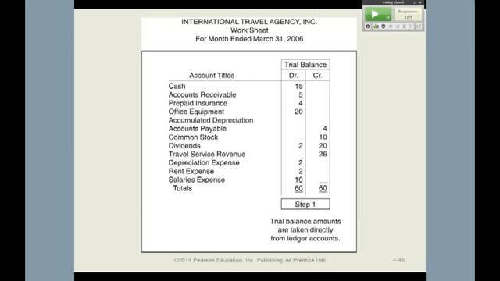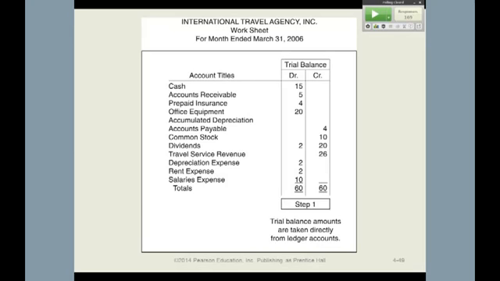Now again, the dividends are 2. Common stock is 20. Accounts payable is 4. And the common stock should be 10. Dividends should be 2. Just 2 on the debit side? I'm going to move that up. I'm sorry. These just fell out of alignment. So depreciation is 4. Sorry about that. Okay. Common stock. And then the dividends are 2.